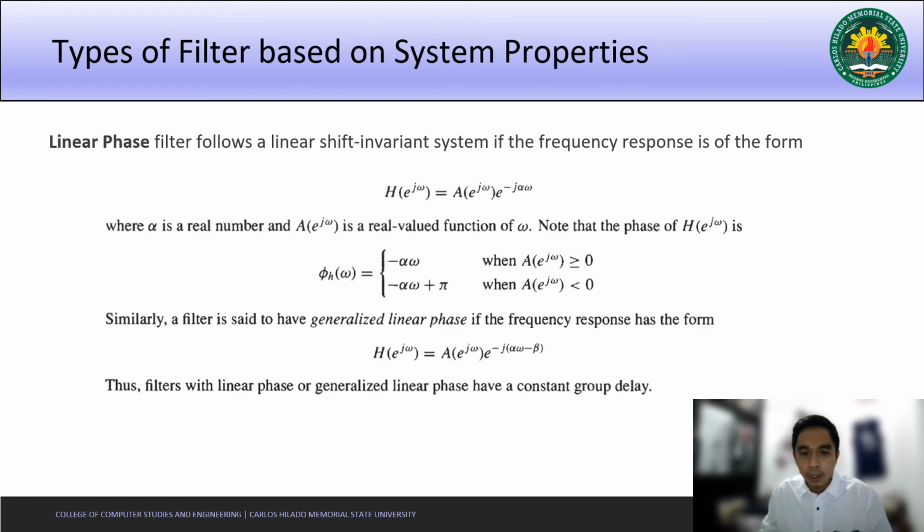So we have equations for linear phase. If you can see, it's similar to the equations we previously used with real and complex numbers. In this equation, you use a real number, and after it is applied, you have what is called a generalized linear phase, and this would have a constant group delay as a result.